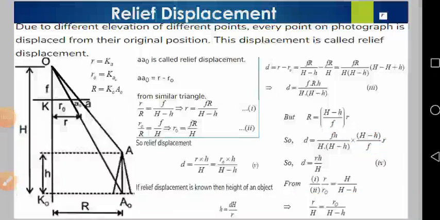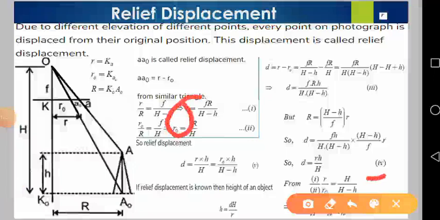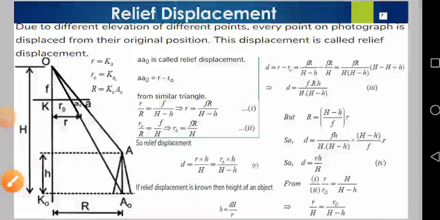Now further, in order to get the final expression, we will get the ratio of R by R naught. So R divided by R naught gives the expression H divided by H minus H. Now if we write the expression for R by H, how will you get it?